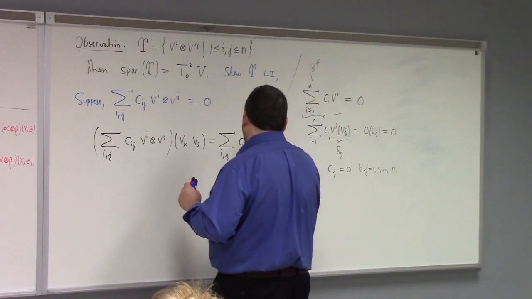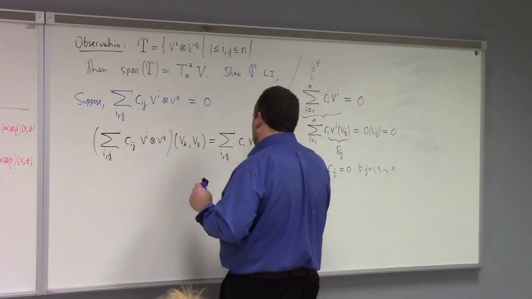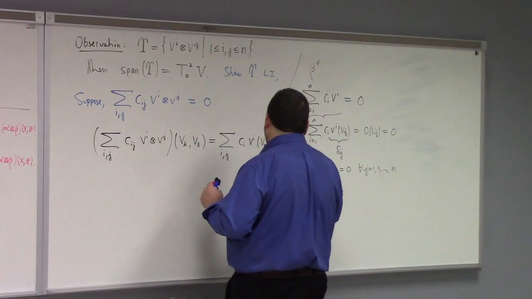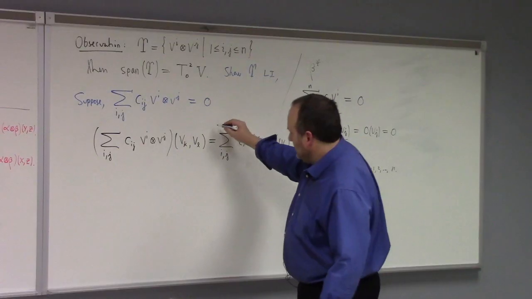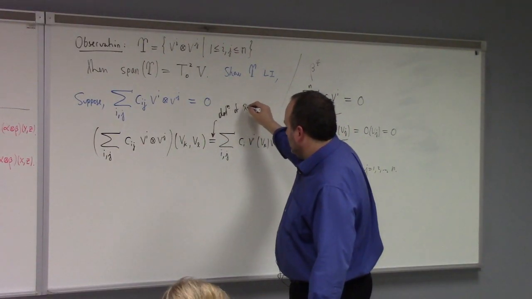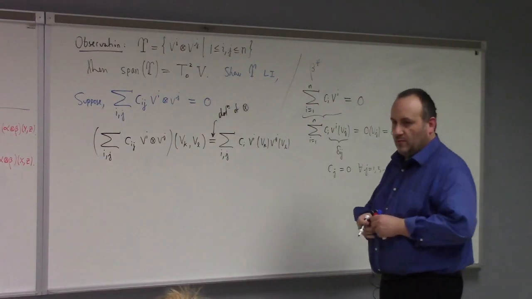So this gives us v^i of v_k and then v^j of v_l, right? This is the definition of our tensor product, right? Like, that's how it works.